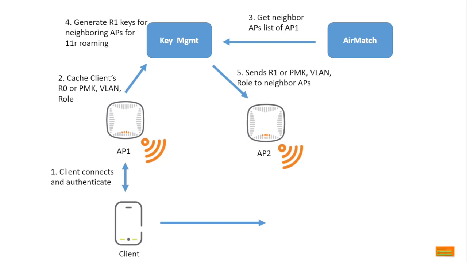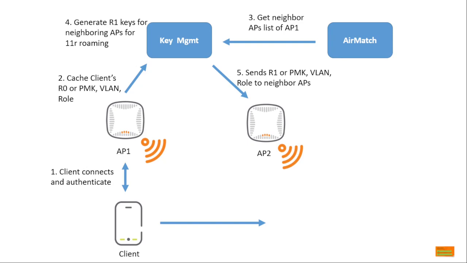The key management service runs in the control plane. In case of controller based, it will run in the controllers. Otherwise, in case of an instant AP scenario, the control plane resides in each and every AP, so the key management service will run on the AP itself.